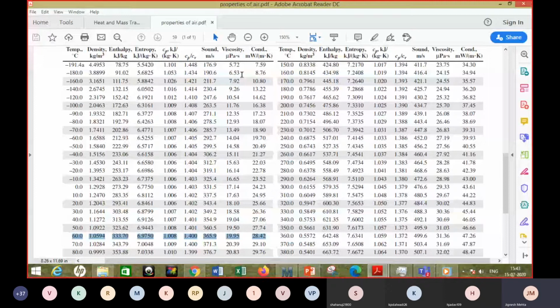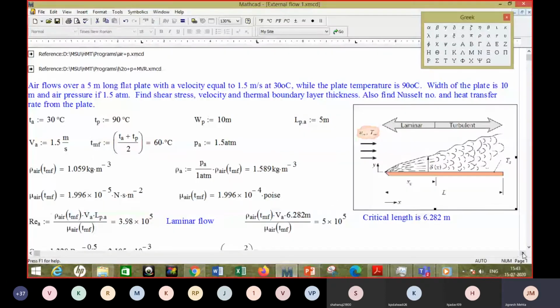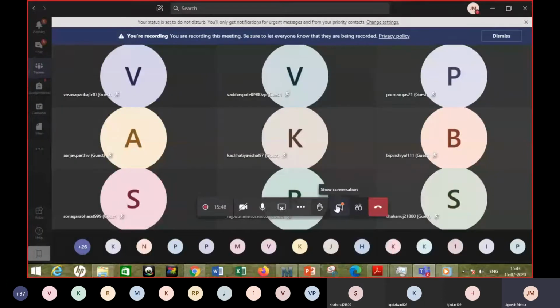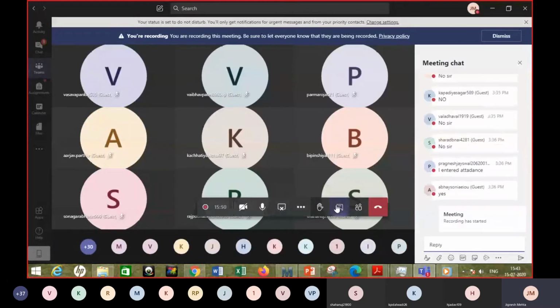Because it is milli, when you use this value 28.42, you will multiply it by 10 raised to minus 3. So 28.42 into 10 raised to minus 3 watt per meter Kelvin is the number that you will use in your calculation. So you have to fetch the properties from that table.